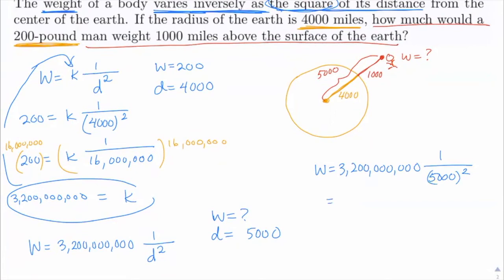So now if I simplify this, this is 3,200,000,000 divided by 5,000 squared, which is 25 million. And if you divide this out, you end up getting 128.